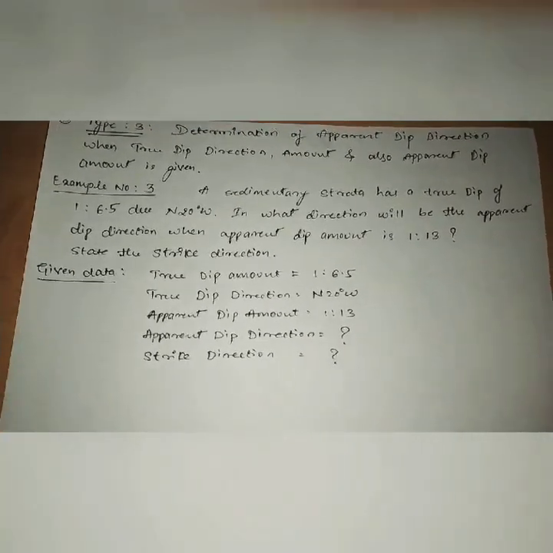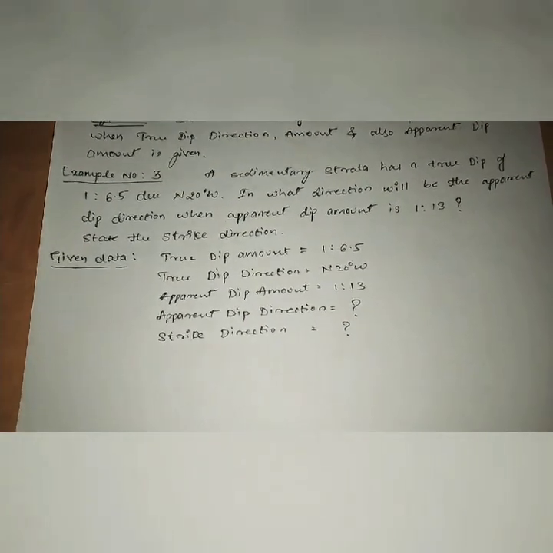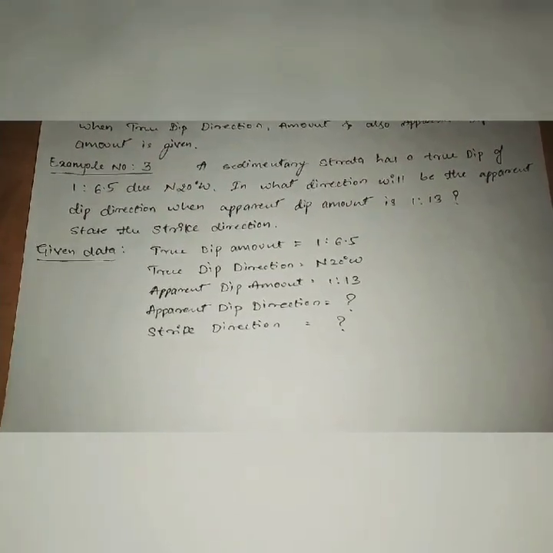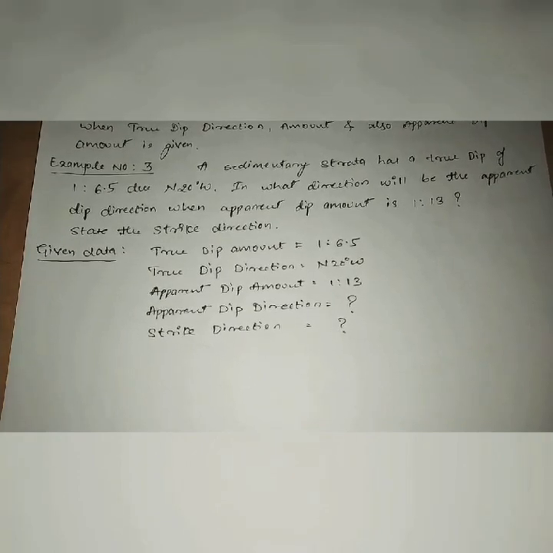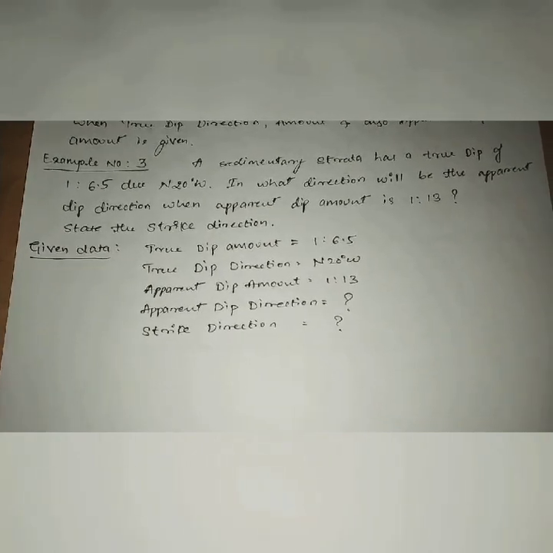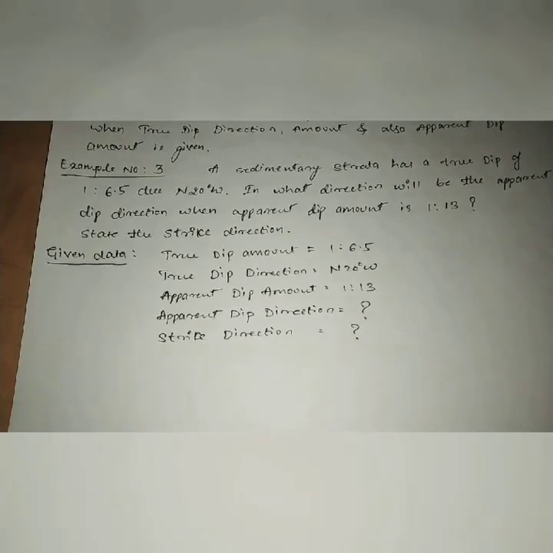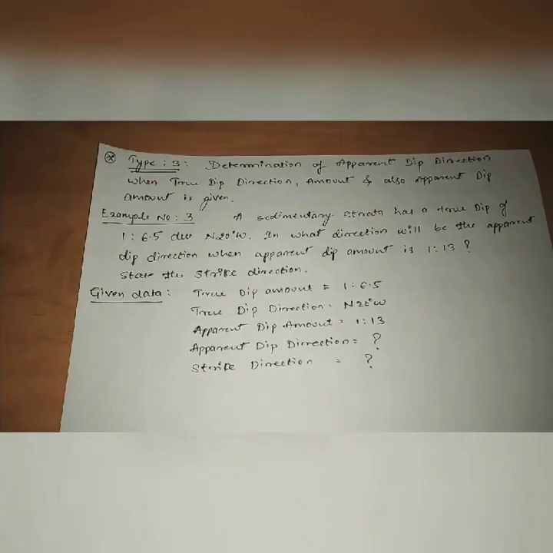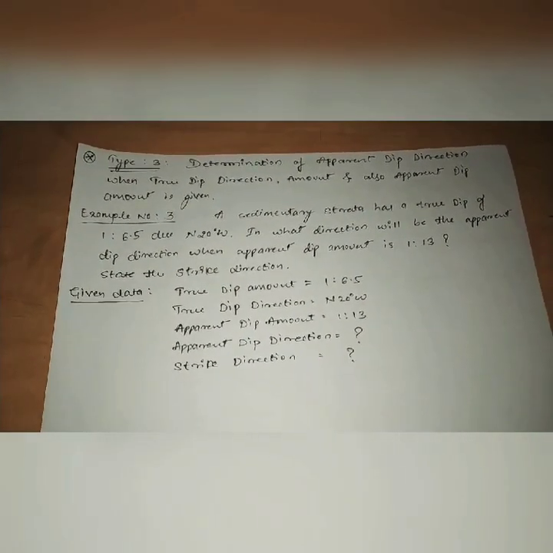So the data given are the true dip amount, 1:6.5 along north 20° west, and the apparent dip amount of 1:13. We need to determine the apparent dip direction and strike direction. This is the type 3 kind of problem. We will solve this problem now.